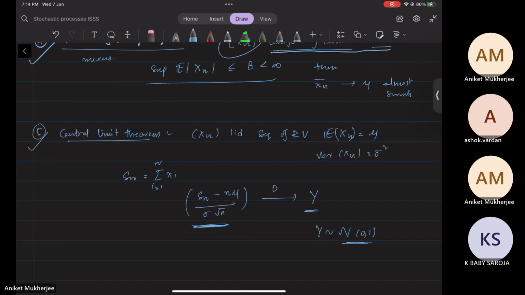Central limit says that if you have a sequence of random variables which are IID with finite mean and finite variance, then the sample mean converges to a random variable whose distribution is Gaussian. Or you can normalize it by subtracting n mu and dividing by sigma root n, and you can say that converges to normal distribution. Is that clear?